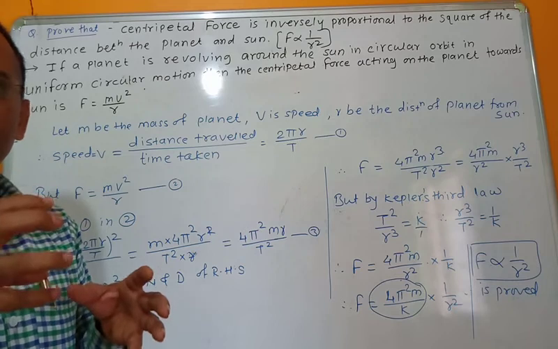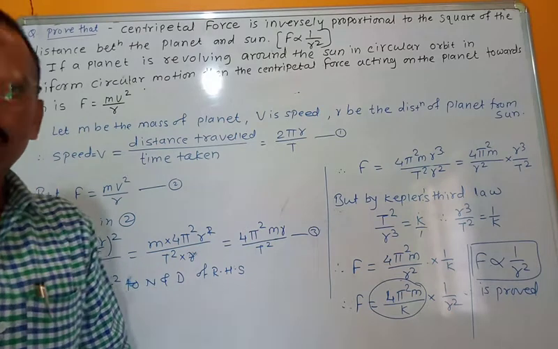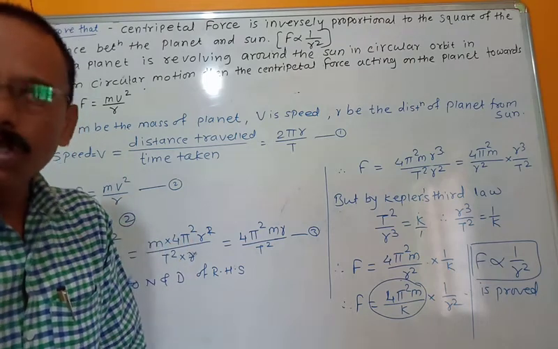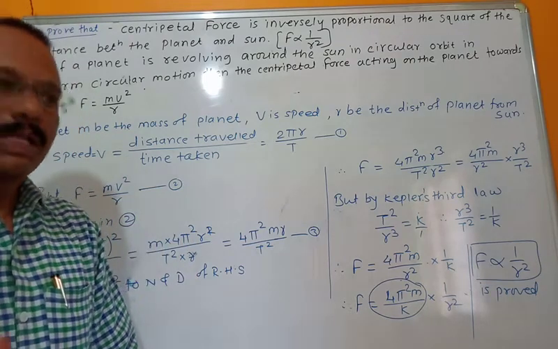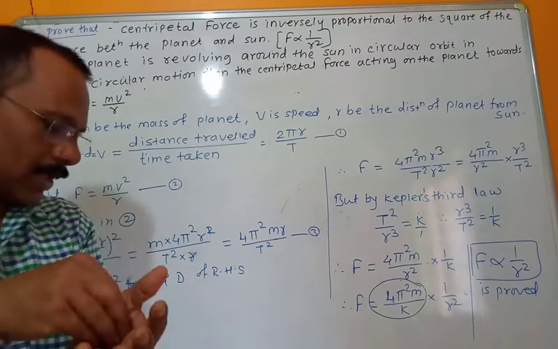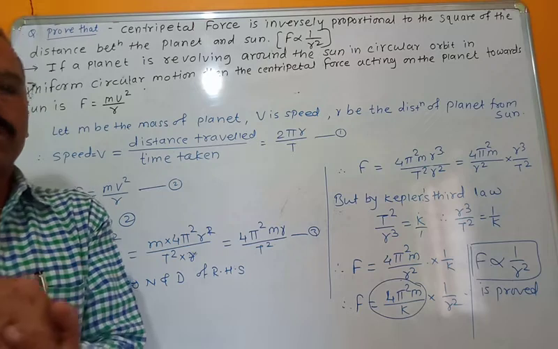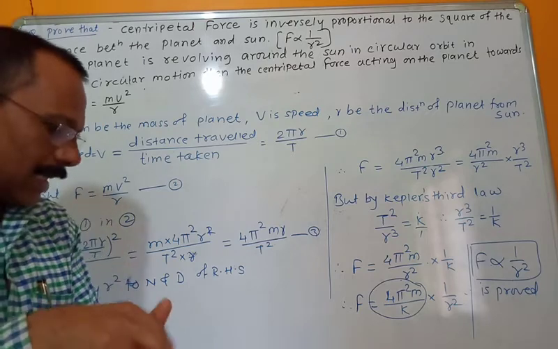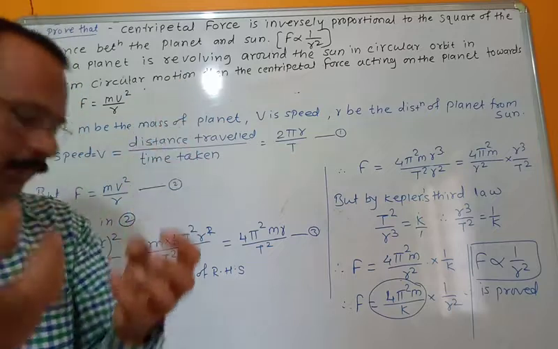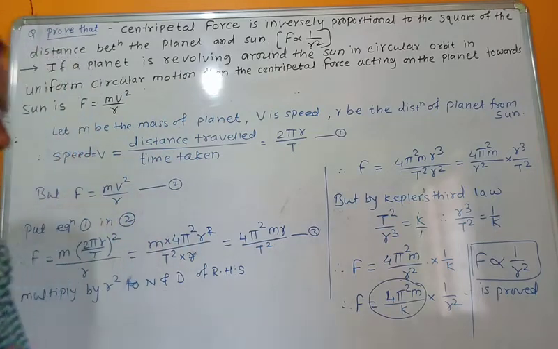Why? Because the center of mass of the earth is situated at the center of the earth, so the gravitational force is always directed towards the center of the earth.